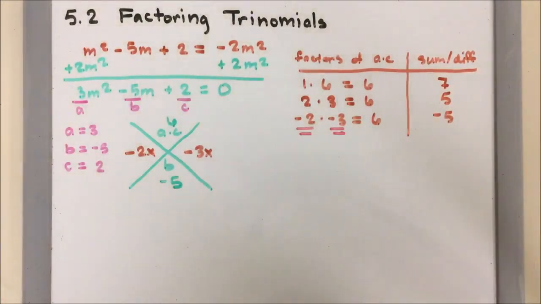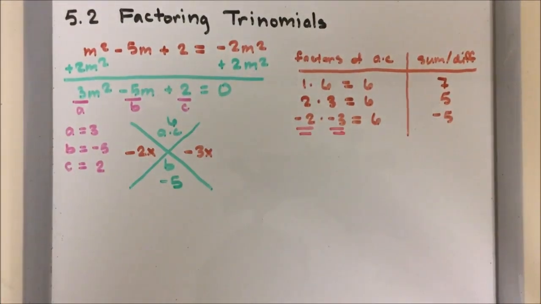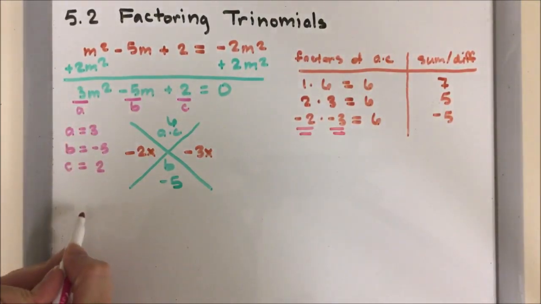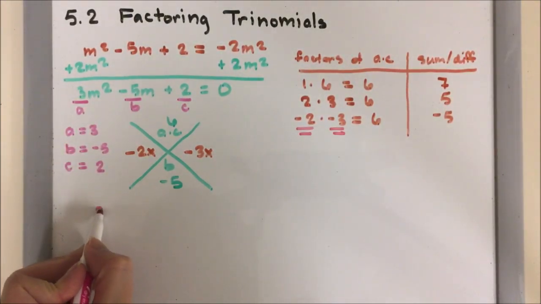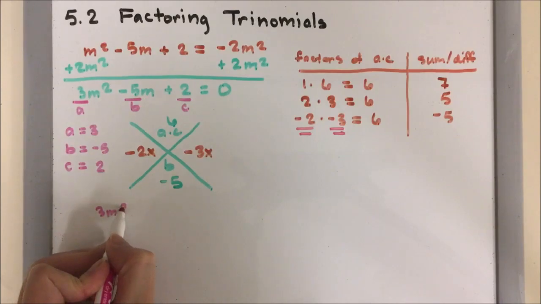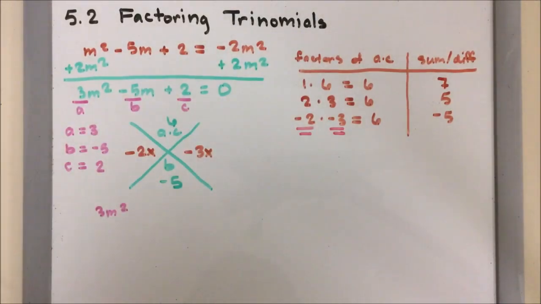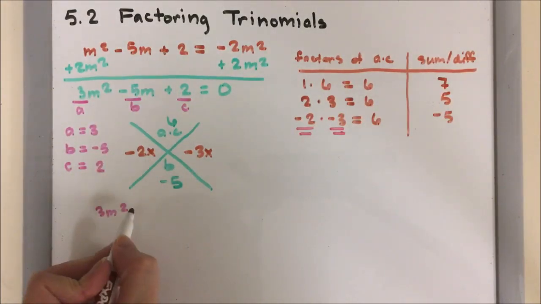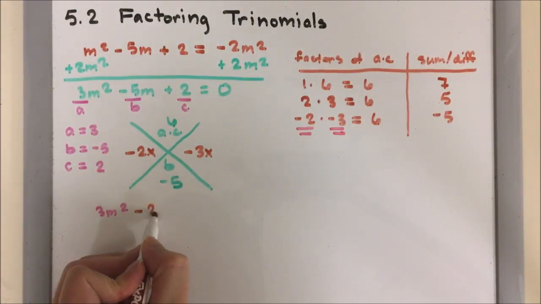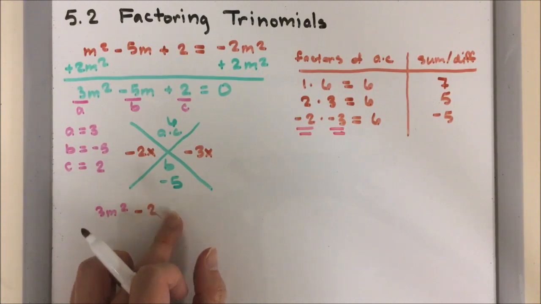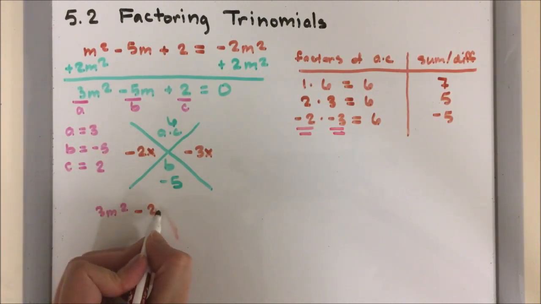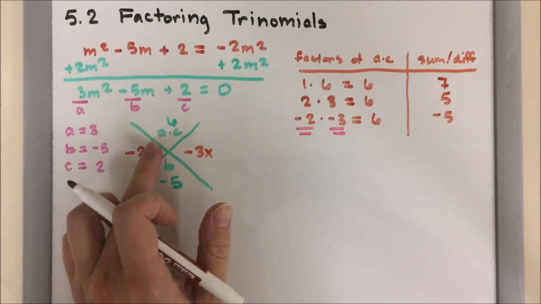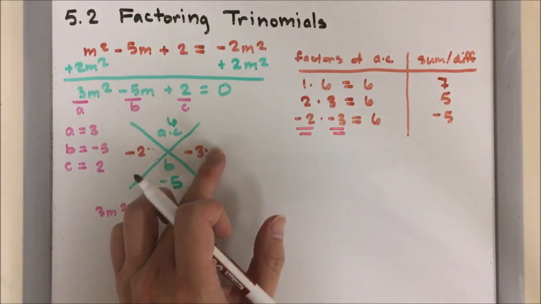Now just like before, I'm going to start setting up my work for factor by grouping. So my first term is 3m squared. Then I'm going to write down my two factors I identified. So minus 2x. In this case, I'm going to be using m, so that means over here should be m.